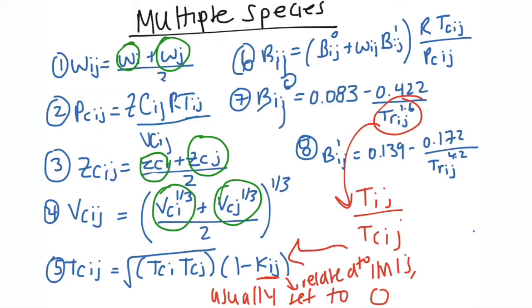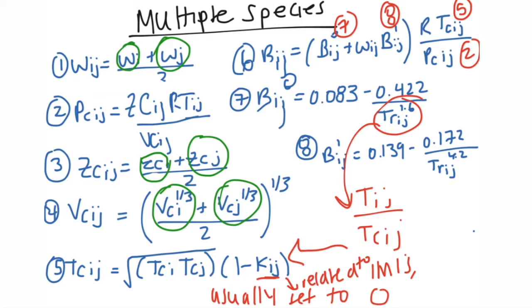Yeah, so not too difficult. This here I'll write maybe for equation 6, T critical IJ, that's from equation 5. P critical IJ is the same thing, but from equation 2. Beta naught IJ, equation 7, and beta 1 IJ is from equation 8.